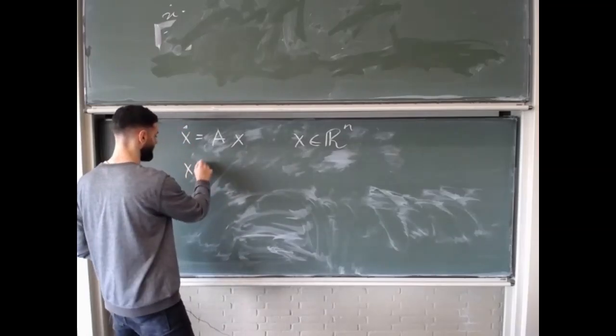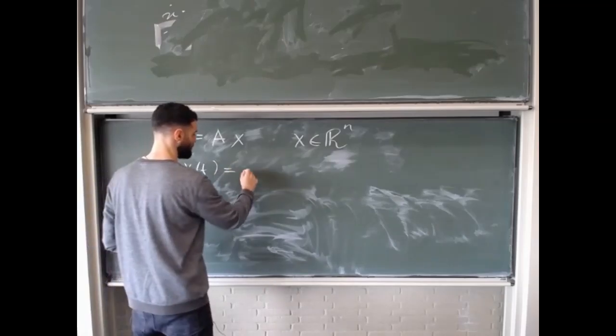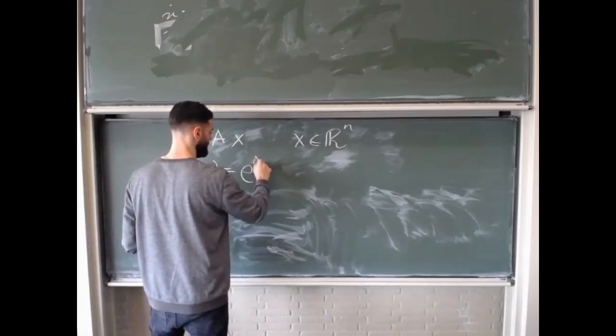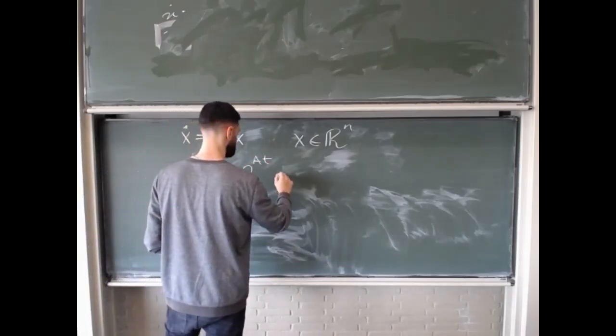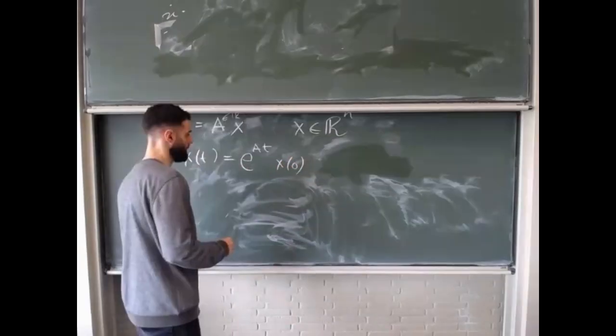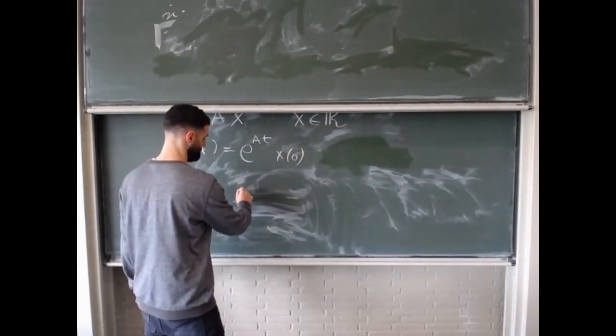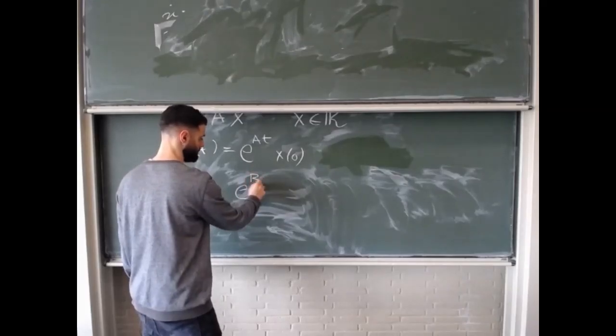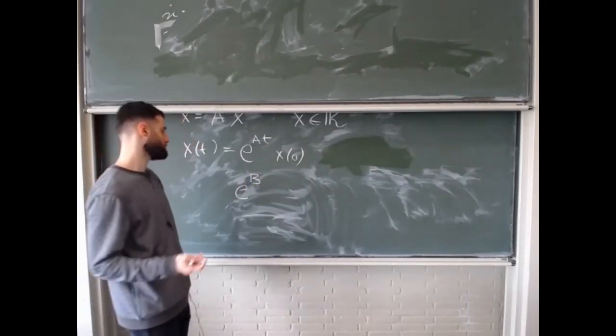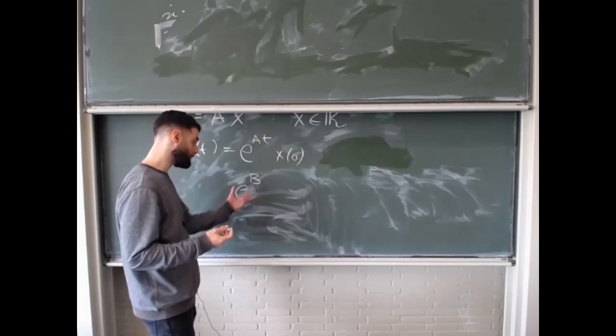That is, we know that x of t is equal to e to the at x of 0. And in this case, we need to use the definition of matrix exponential.